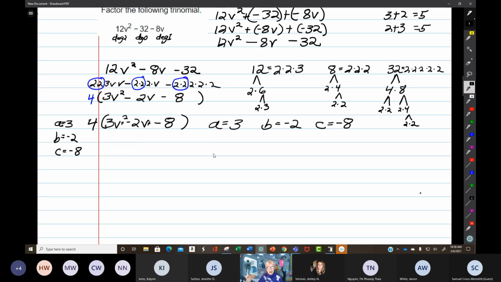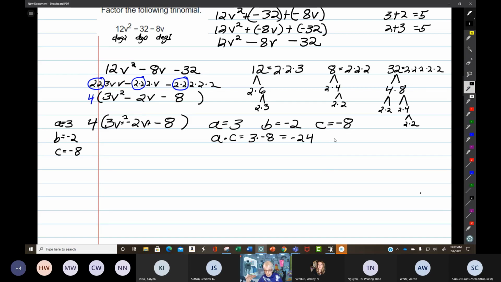It's called the AC method because I'm going to multiply A times C. A times C is 3 times -8, which is -24. Now, after I've got that, I factor -24 into factor pairs that add up to the B number -2.